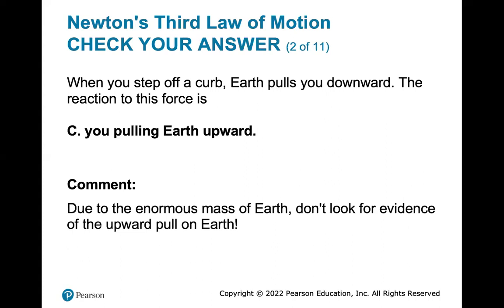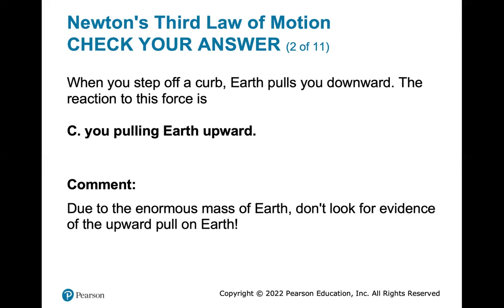Now, remember, force equals mass times acceleration. So when you step off the curb, you have a gravitational acceleration pulling you downward. You have the same pull of the Earth towards you, but remember, force equals mass times acceleration.